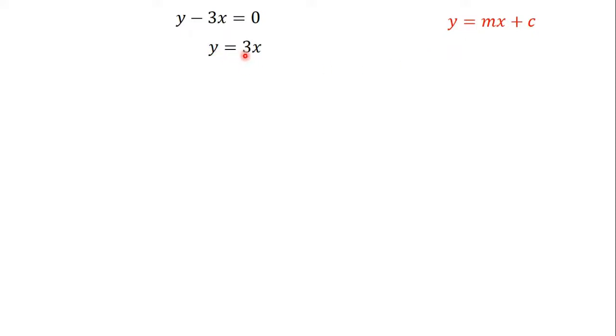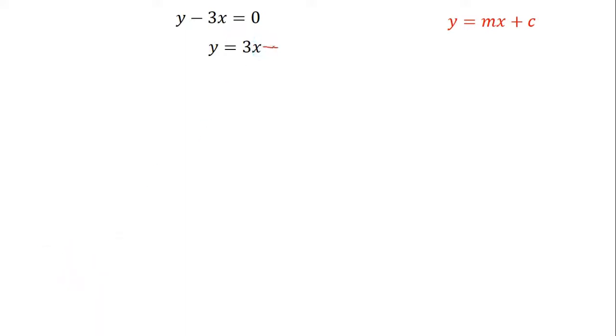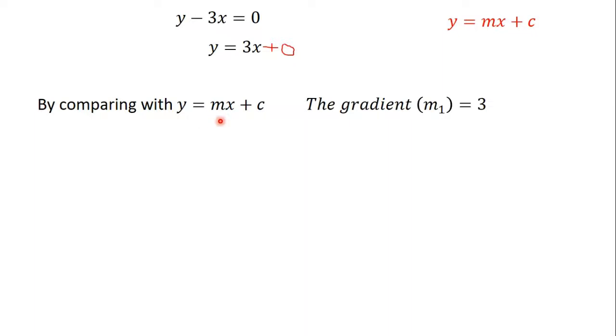This will give us y is equal to 3x. y is equal to 3x is the same as y is equal to 3x plus 0. Now, if you compare this with the general equation of a straight line, we can see that m, which is the gradient of the straight line, is 3. Remember that we have represented the gradient of the line y minus 3x is equal to 0 with m1.